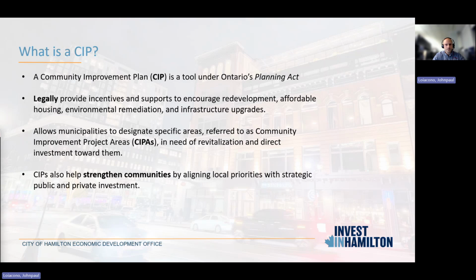So it is a planning and economic development tool that allows municipalities to really direct investment into specific areas of the city to address specific local needs. And we'll get into some of those needs in a bit.